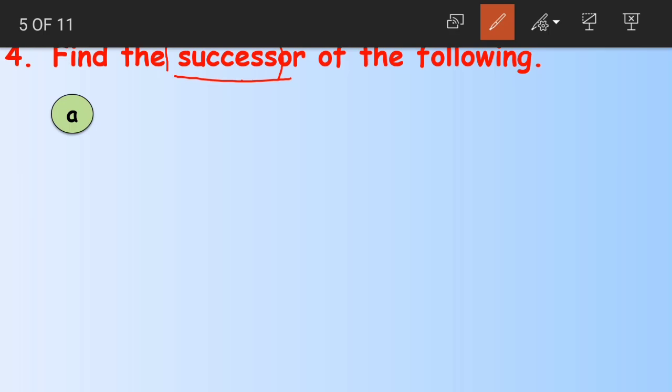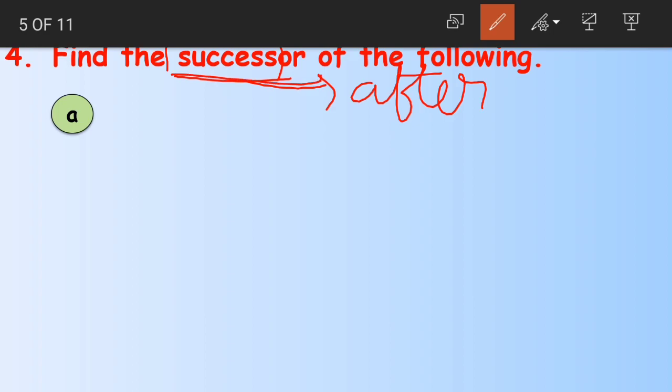After solving the homework problems, you can say that I have successfully completed my homework. You cannot say that before solving it, right? So, success always comes after.